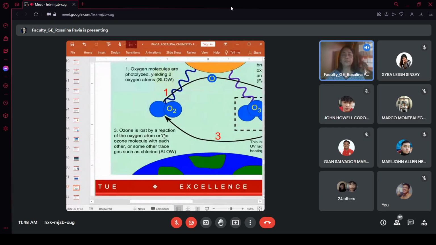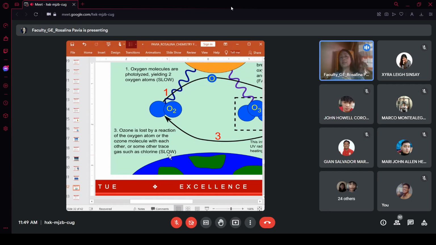Now, ozone is lost by a reaction of the oxygen atom or the oxygen molecule with each other or some other trace gas such as chlorine. Saan manggagaling yung chlorine? Kasi pag tinamaan ni UV rays yung ozone layer, kasi nandoon ngayon sa atmosphere, si oxygen, di ba? Nandun sa atmosphere.